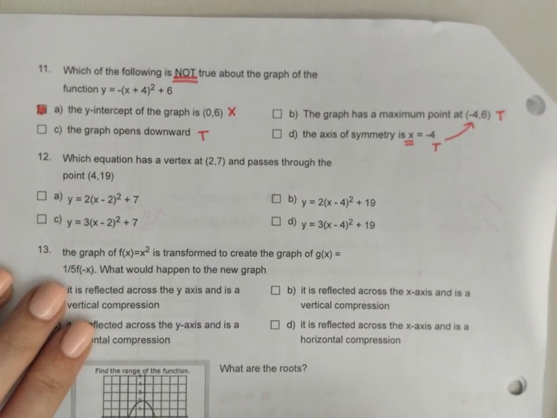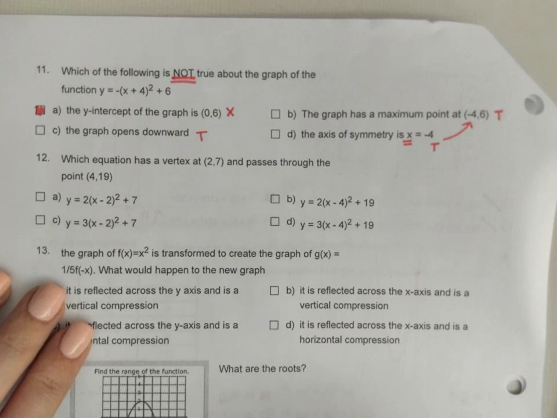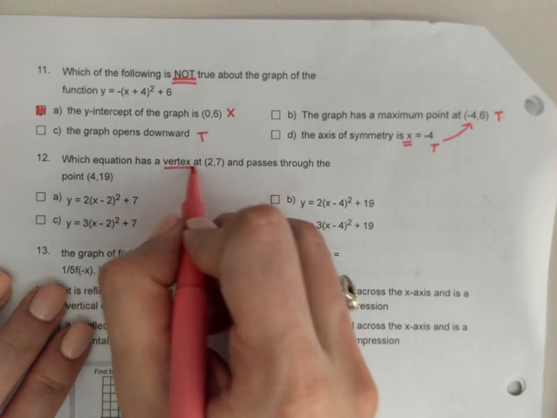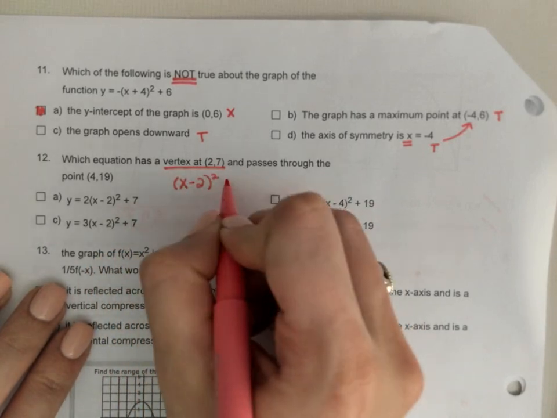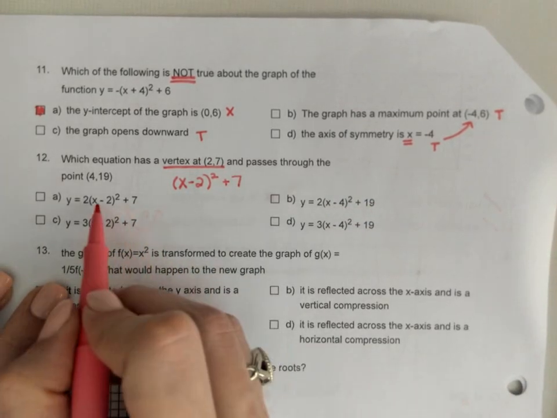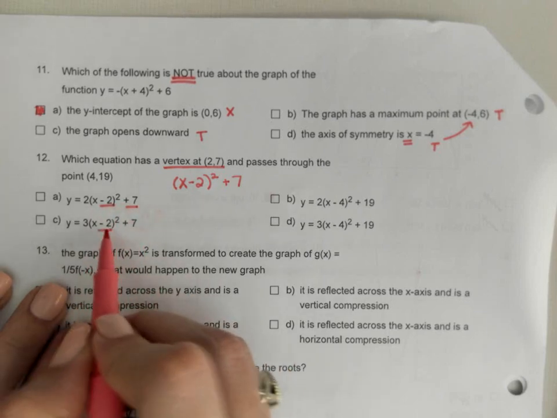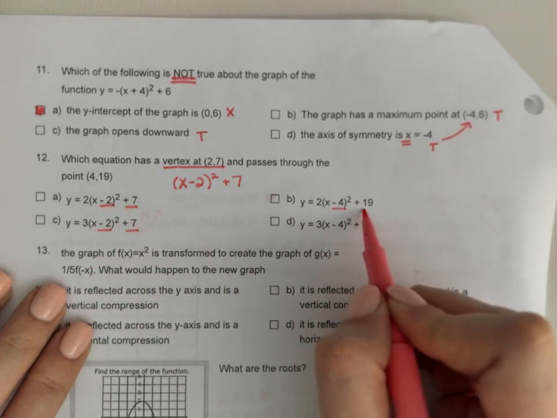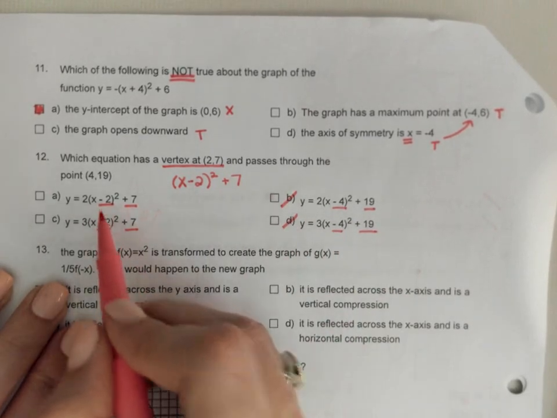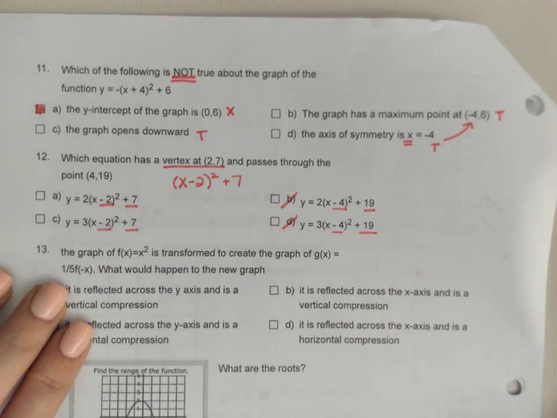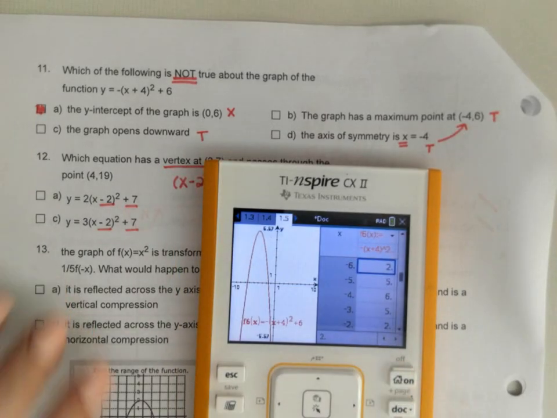Which equation has a vertex at 2, 7 and passes through the point 4, 19? So for vertex form, x is a liar, so it's x minus 2 squared plus 7. So minus 2 squared plus 7. Nope, that's not it. So it's got to be one of those. So let's see which one also goes through that point.